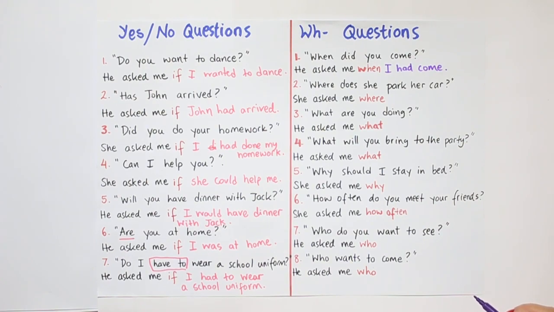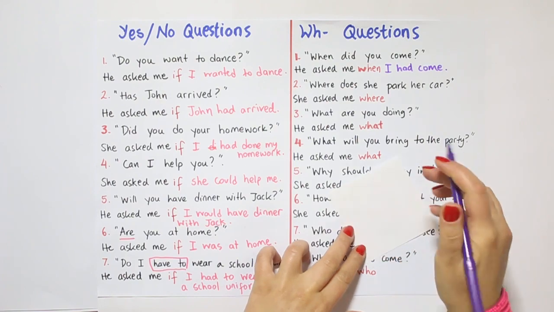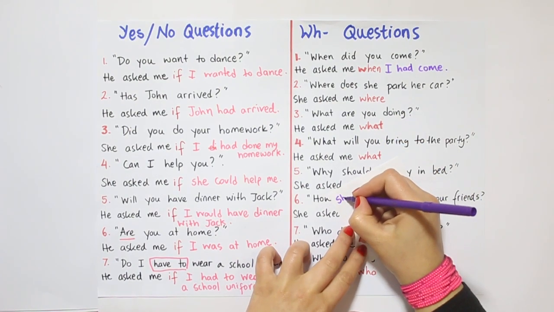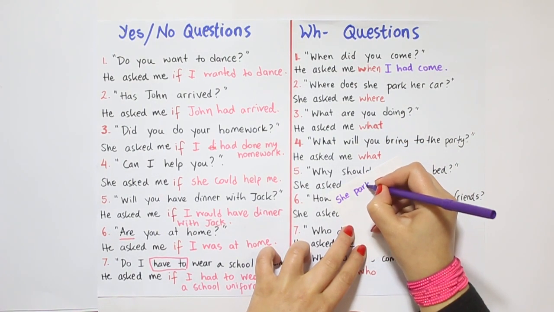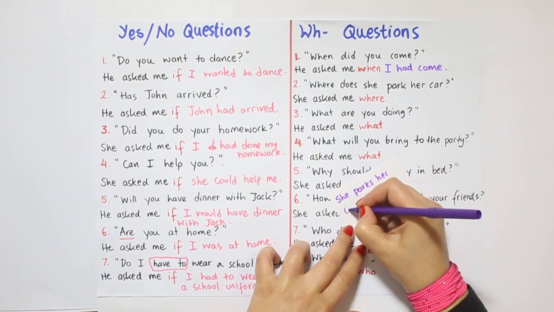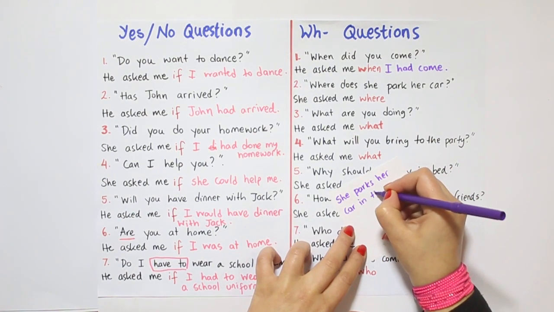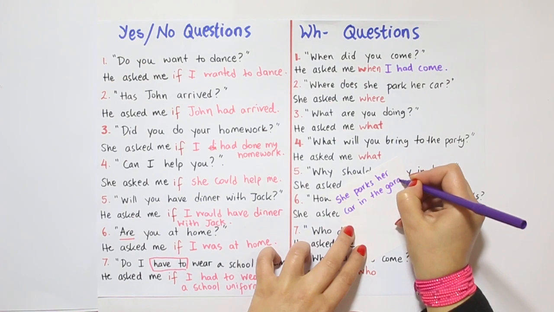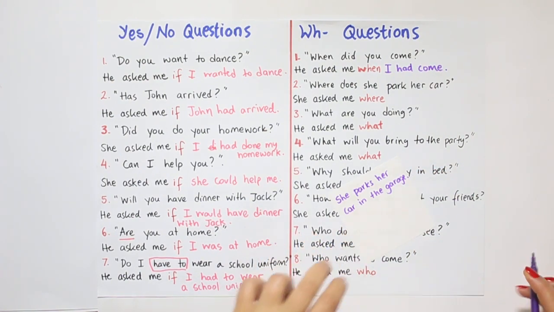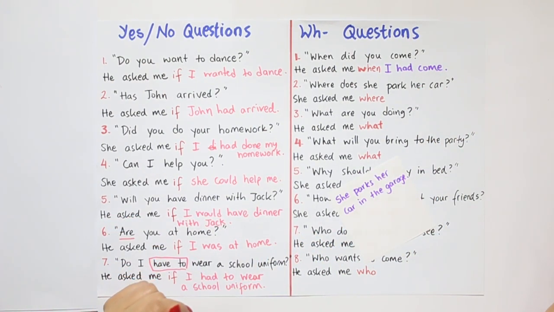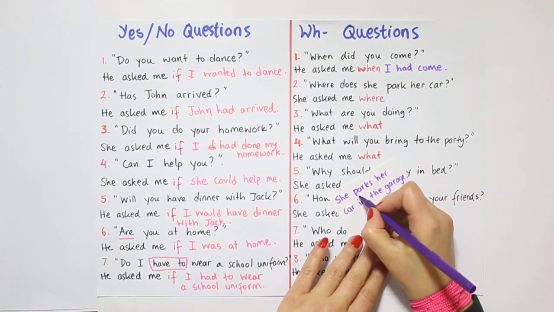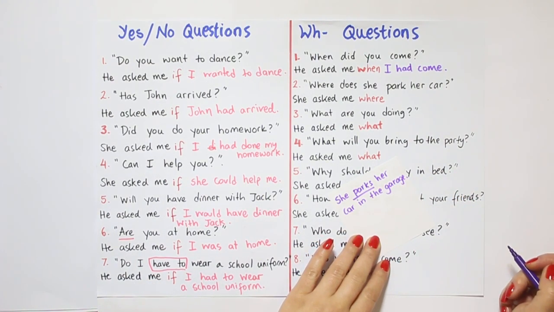Where does she park her car? Well, she parks her car in the garage. Right? That might be the answer to this question. But of course, instead of using present simple, what do we use?